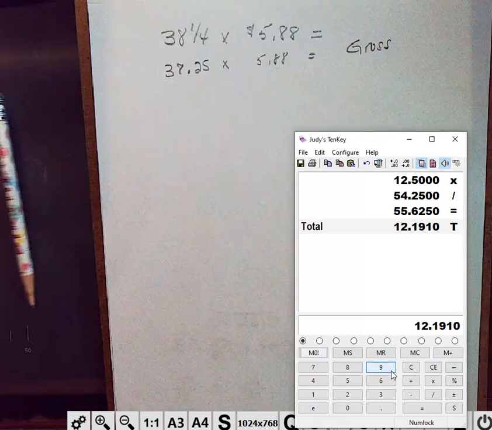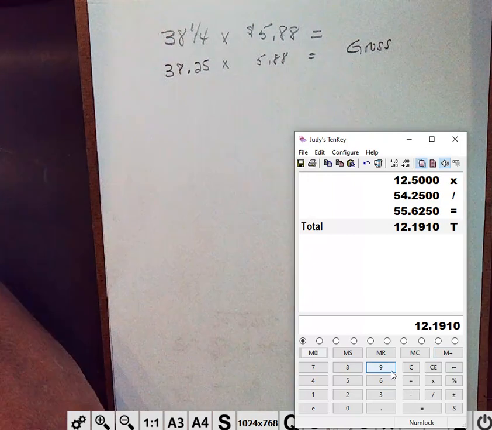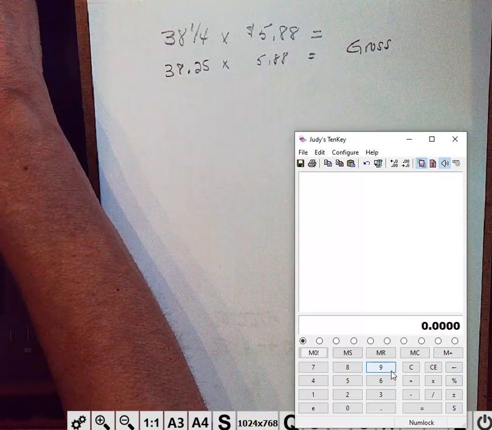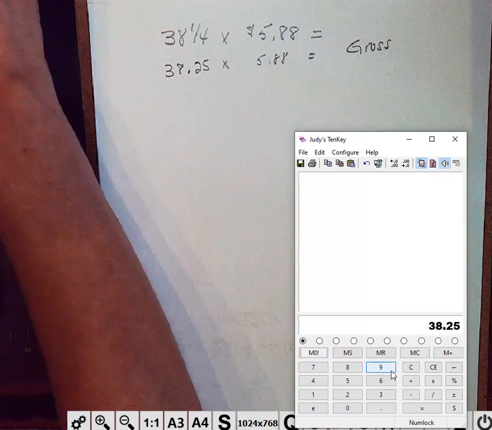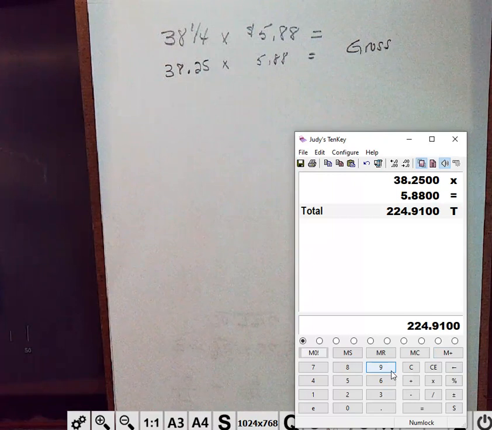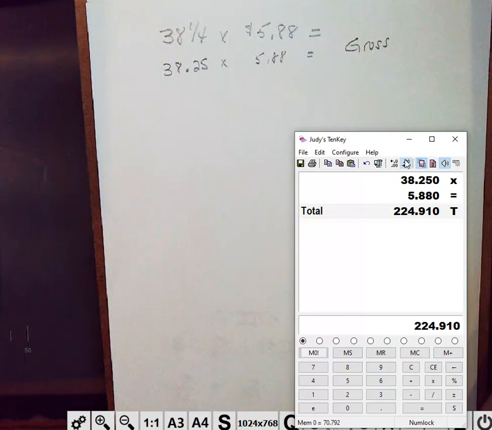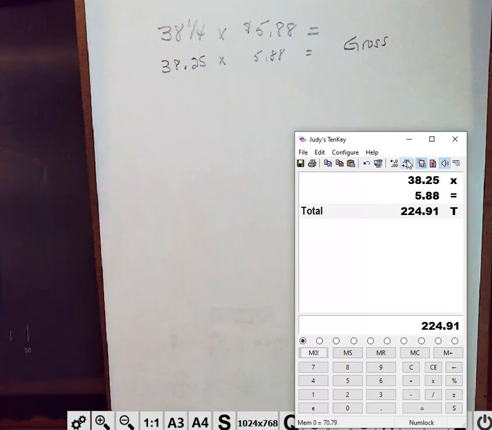Gross pay is hours times rate before anything is deducted. So those are pretty easy. Then set your decimal on 2, because our answer is money. But when you key these in, key them to 4 places.